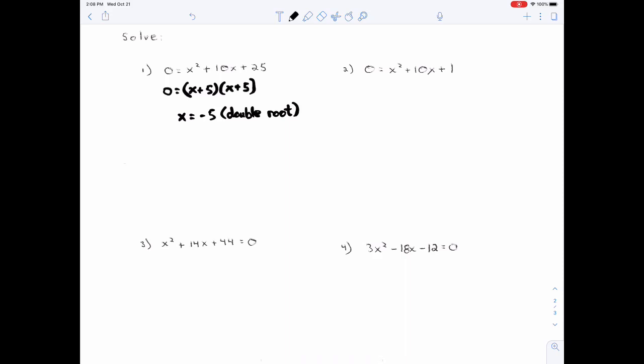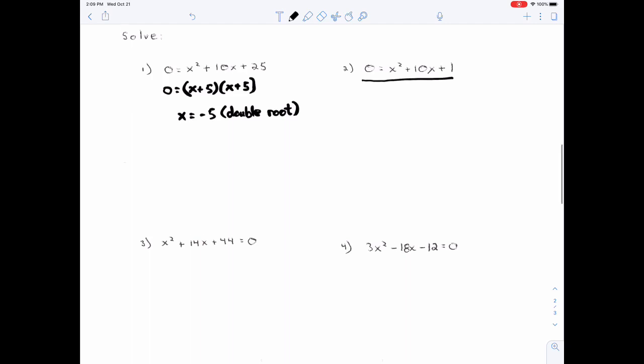Okay, well, how about this one? Well, number 2. Good luck at factoring that. It just doesn't factor. That's what we're doing today. What do you do when a quadratic equation doesn't factor? How do you solve it?